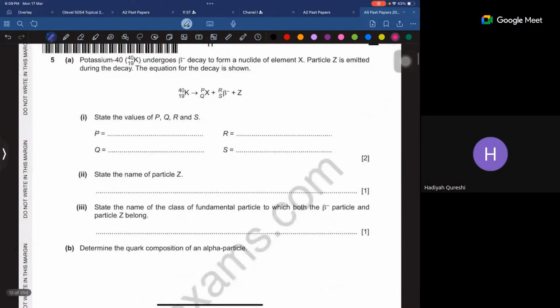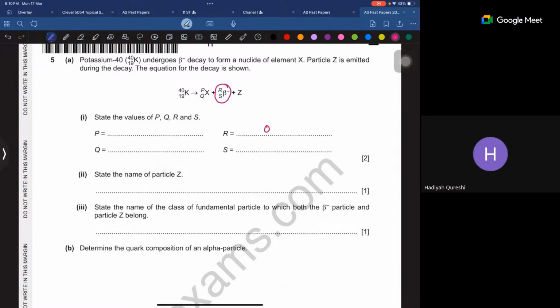In the next one, it says potassium undergoes beta negative decay to form a nuclide of element X. Particle Z is emitted during the decay, and the equation is shown. So what is PQRS? First of all, you're going to use this. So this is beta negative.